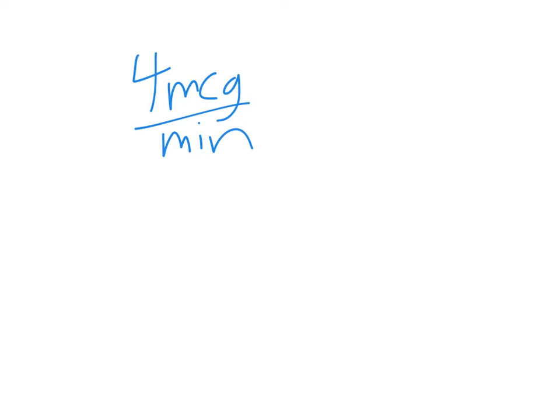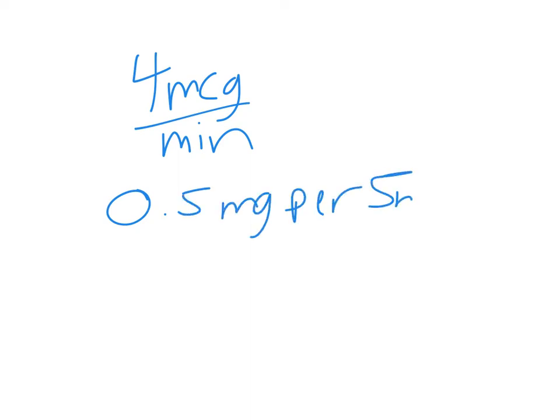Let's say a patient needs to take 4 micrograms of this liquid per minute. This medicine is diluted as, let's say, 0.5 milligrams per 5 milliliters. And I want to know what they need in milliliters per hour.